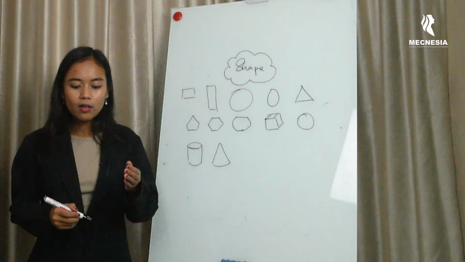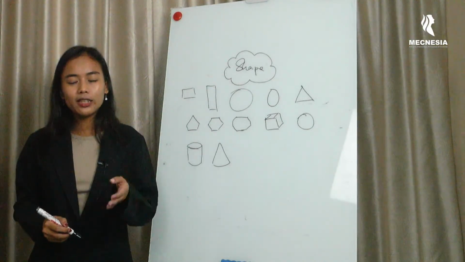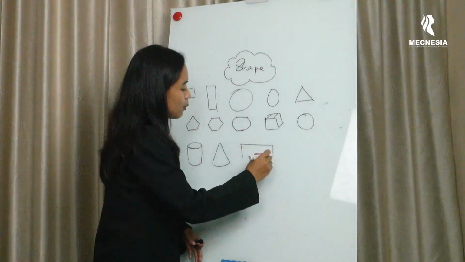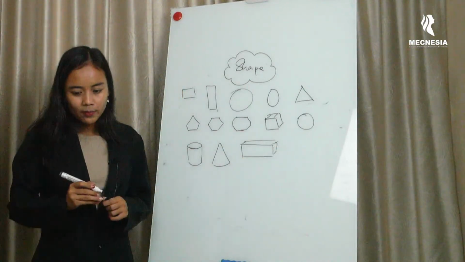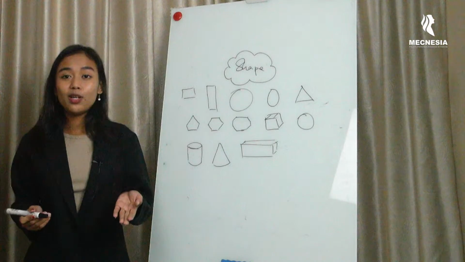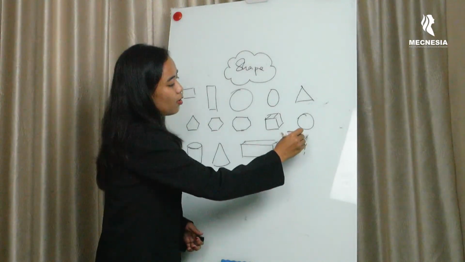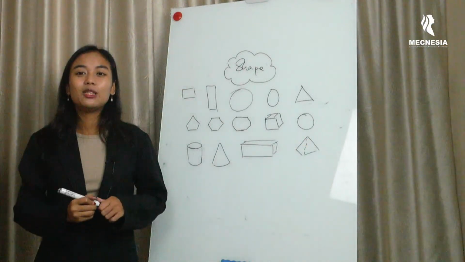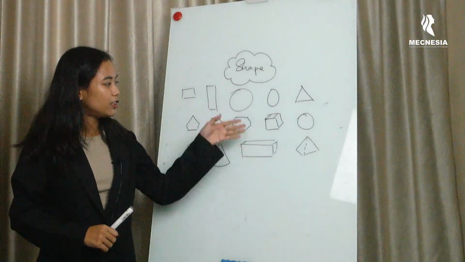Next we have rectangular prism. Ini adalah prisma persegi panjang. Like that. And then next we have pyramid. Pyramid means pyramid.